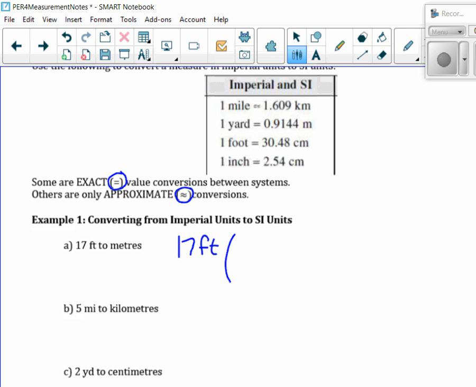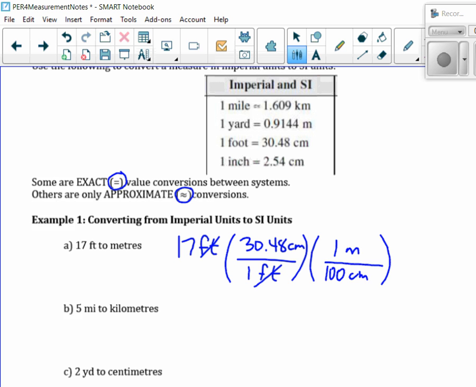Remember, we have to have our unit analysis. 1 foot is 30.48 centimeters, and that means my answer is now in centimeters. But to convert it to meters, I'm going to have 1 meter is 100 centimeters, so that the centimeters cancel, and my final answer is going to be in meters.